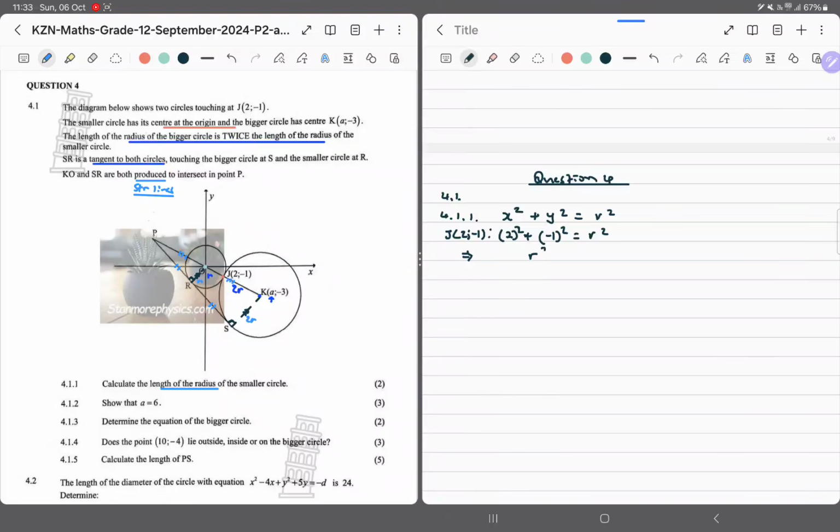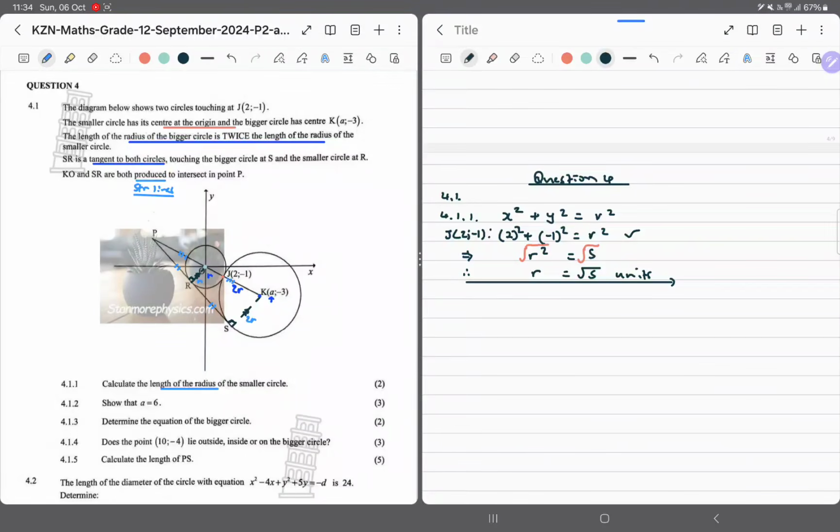This implies we can rearrange and say r squared equals 2 squared, 4, plus 1 squared, which is 5. So therefore we know that r is going to be the square root of 5. Remember, this is a distance, so units. Obviously what we did here, we took the square root, so what we do on the one side, we do on the other. Nice and easy. Remember, this is a distance, we can't choose the negative value. We take the positive.